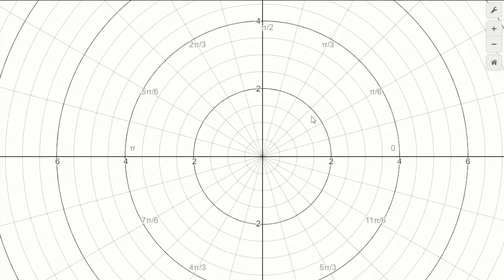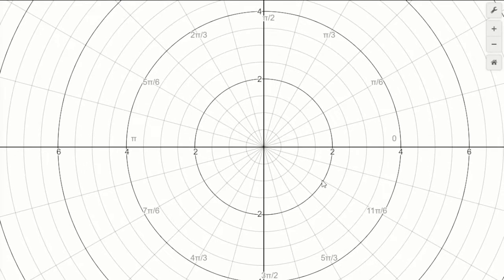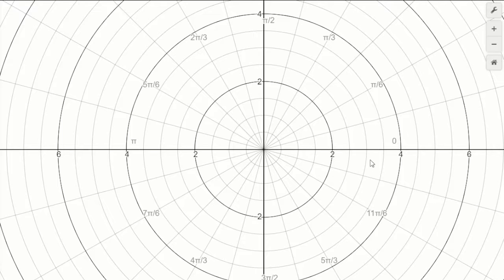with the close-up version right here, we're thinking about the angle as being a negative angle this time. So from the positive x-axis, we're going to go clockwise. Okay, and so negative pi over 3 angle is about right here, where the terminal side lands aligned with 5 pi over 3.